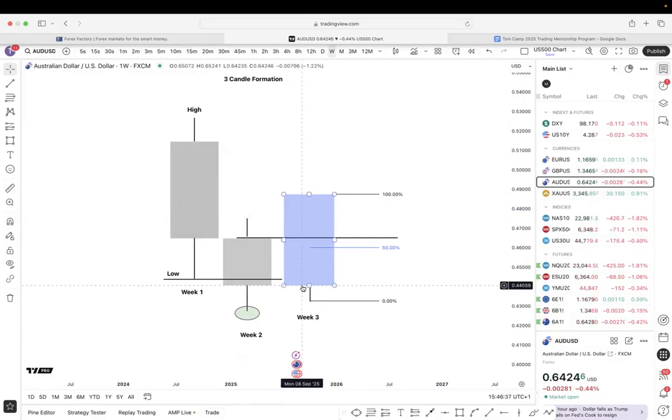And if it was to create a big wick, I don't know why it would in this situation, then I would measure the wick and not the body. So it's a little bit subjective, but that's essentially how I'm utilizing a three candle formation to help clarify my bias for the next day or the next week.